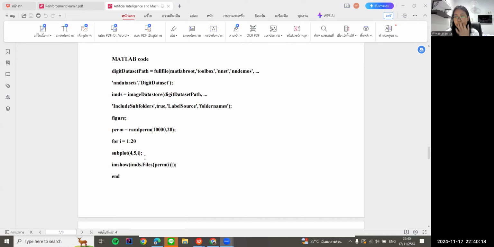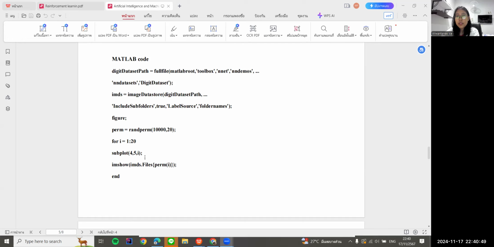Machine learning with AI is about image datasets. I will explain this MATLAB code, which works on manipulating the digit dataset available in MATLAB, using an image datastore to load images from a folder, preview some of the images, and check information such as the number of labels and the size of the image dataset.